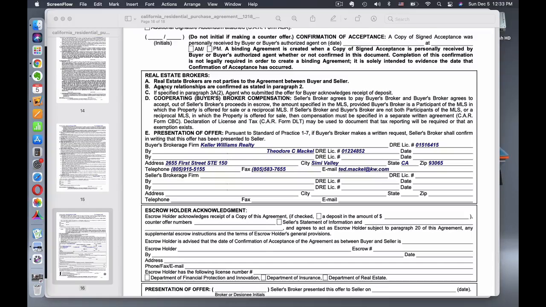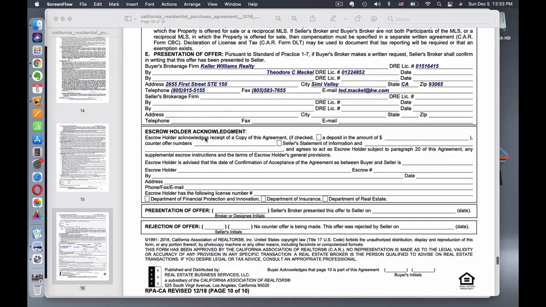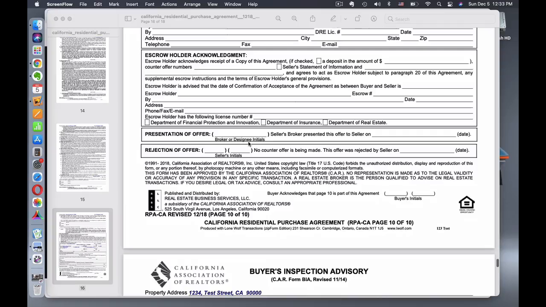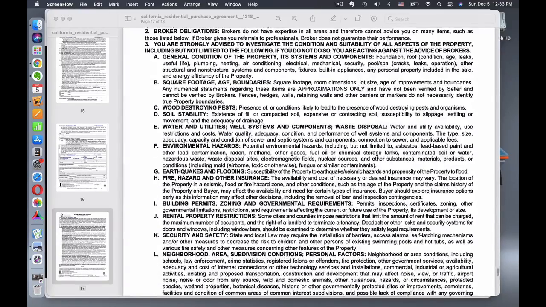And this talks about who the real estate brokers are and about the broker compensation. The escrow holder will fill out all of this information once the documents are sent over to escrow. And then we also can get this back from the seller to find out when they presented the offer and if the seller rejects it, to make sure that the offer was presented.